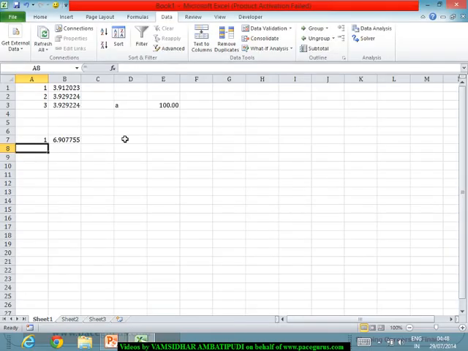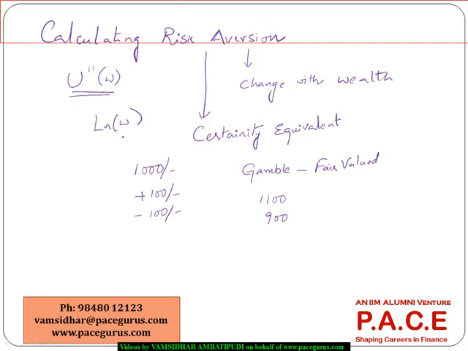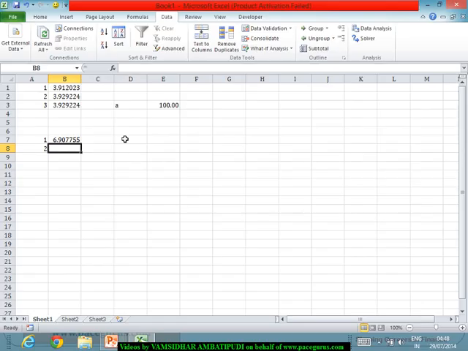But if I assume that he has gone for this gamble, it would be 0.5 times log 1100 plus 0.5 times log 900. This is going to be his certainty equivalent, slightly reducing.